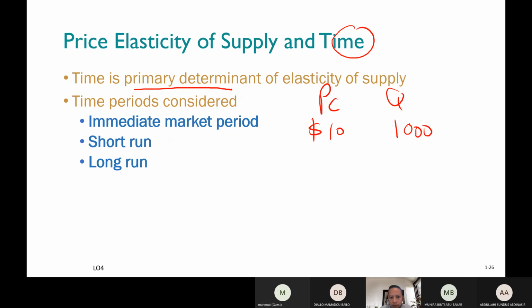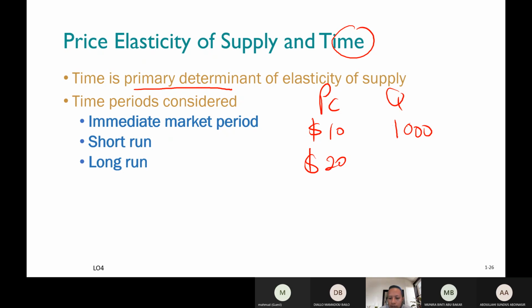Okay, and for whatever reason in the market, suddenly the price of chicken is 20. So as a producer, of course, if I sell more, I will get more revenue because the price now is 20. But the question is whether or not I can sell more at that certain period. Why?